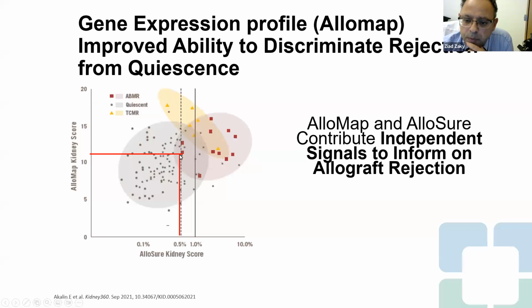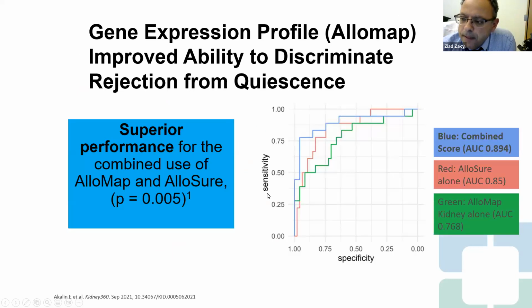You can detect them by using the threshold of 11.5 for the gene expression profile. And here it showed that by combining both, you may enhance the AUC to 0.8. So not perfect, but may help.